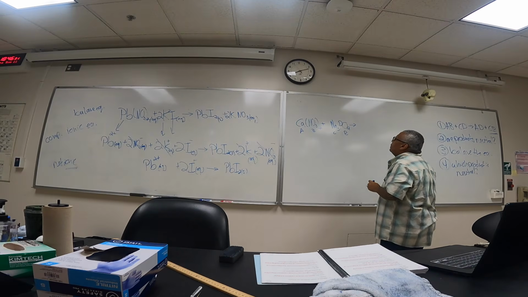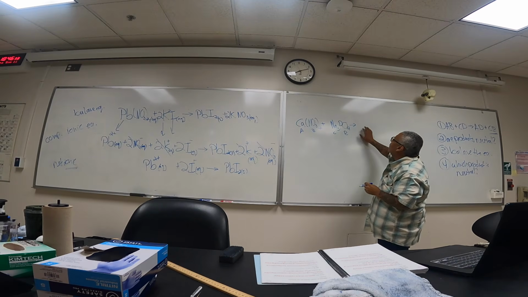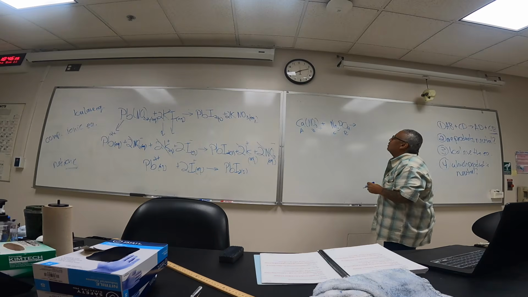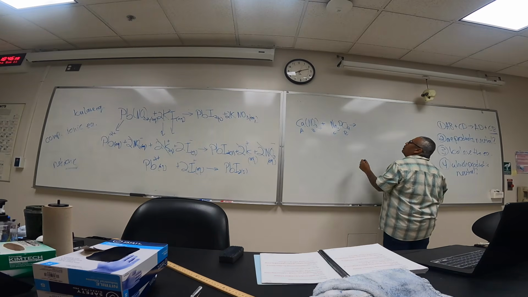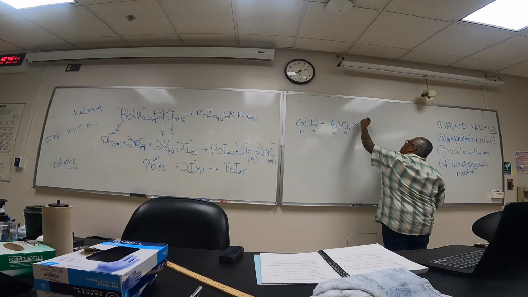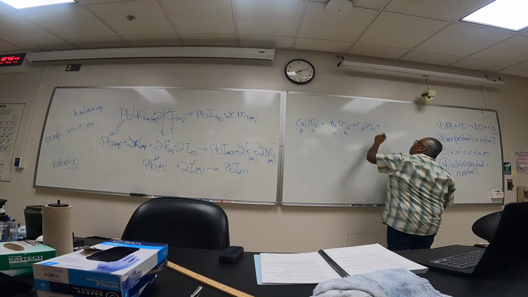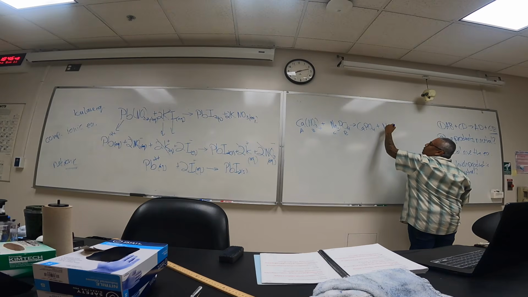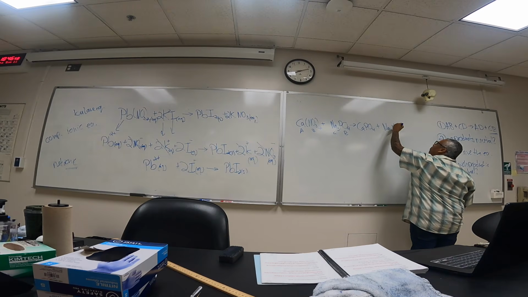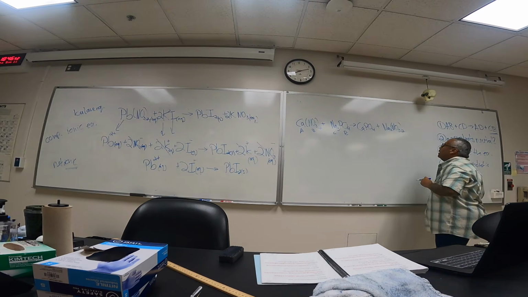So first step, can somebody give me what's the reactant or the product we're going to have first? So calcium phosphate, plus the next one is going to be... did I do that correctly?